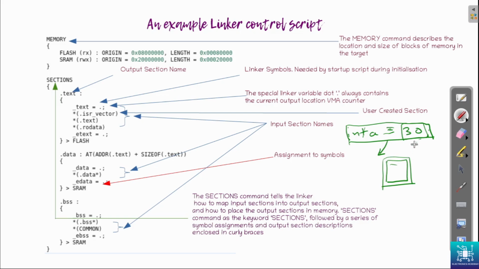So in such cases, these values have to be first written just after the flash memory. We had written the ISR vector, text, RO data, all of that in the flash area, but even the initialized data is written in the flash area, just after this.